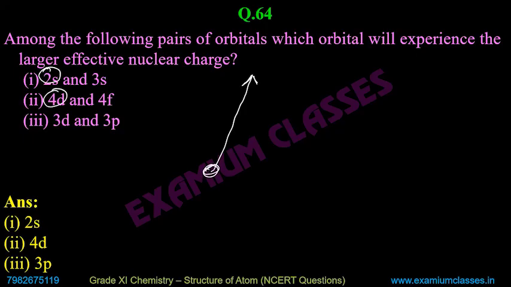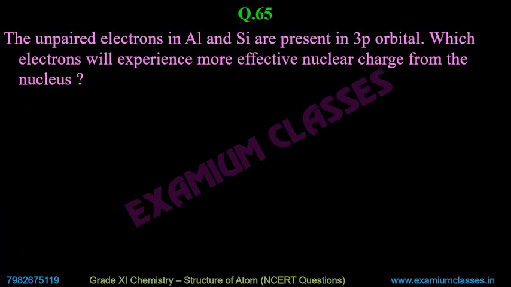This is closer, and this is closer. P is smaller than D. S is smaller than P. P is smaller than D. D is smaller than S. So that is the rule. So smaller ones will experience greater effective nuclear charge. Good.